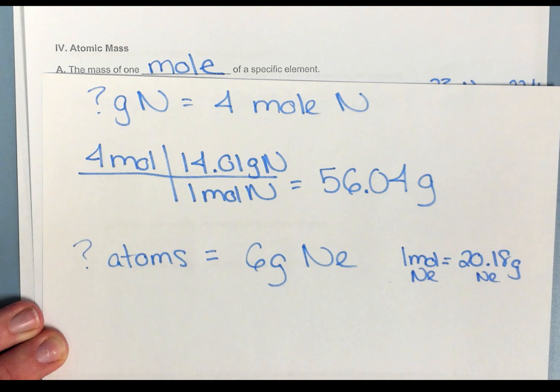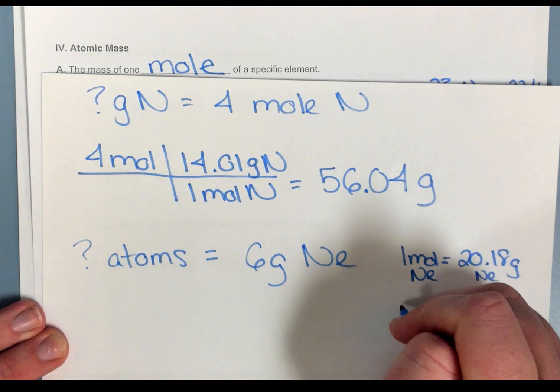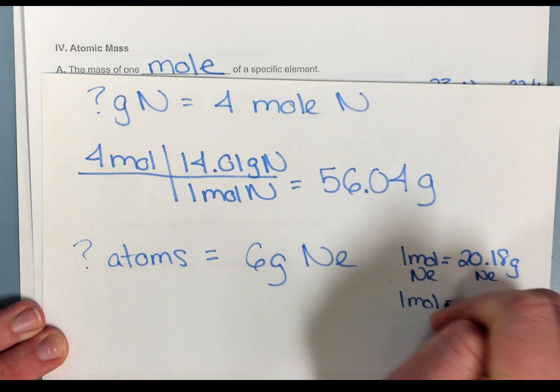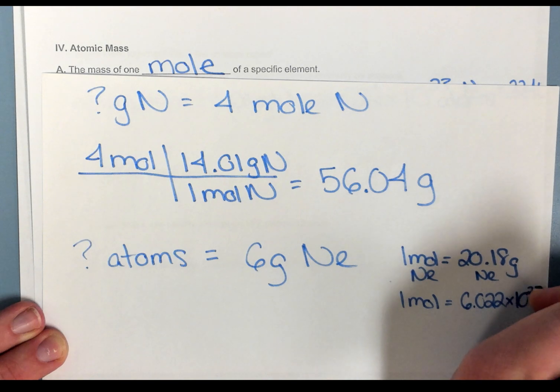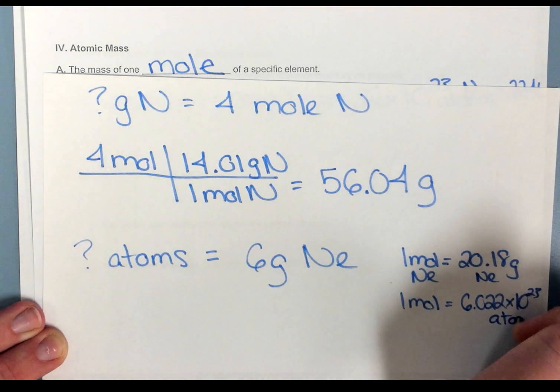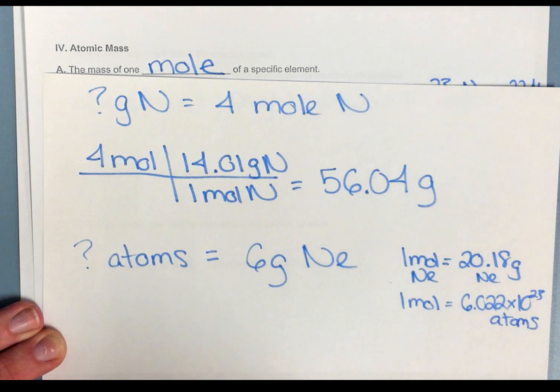So we're going to use that, and we're going to use that 1 mole equals 6.022 times 10 to the 23rd atoms in order to find our answer. So we start with our 6 grams of neon.